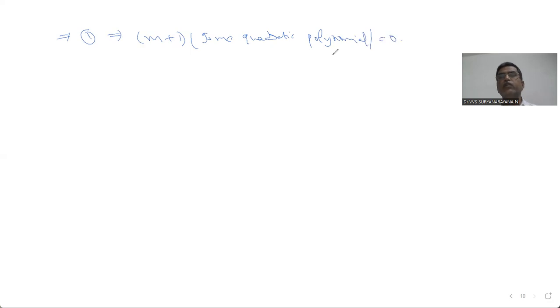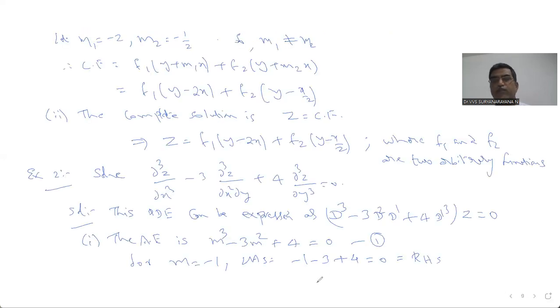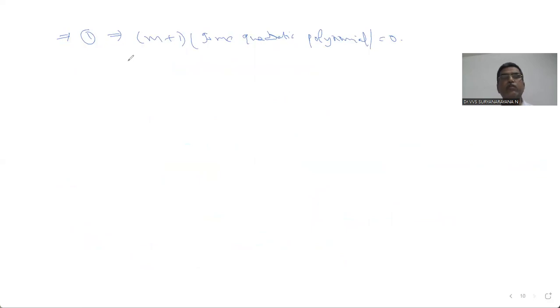So now we have to identify what is that quadratic polynomial. To get that quadratic polynomial, we have to divide the cubic polynomial m cube minus 3m square plus 4, which we have obtained in the last page, with this m plus 1. Means simply we have to go for division.